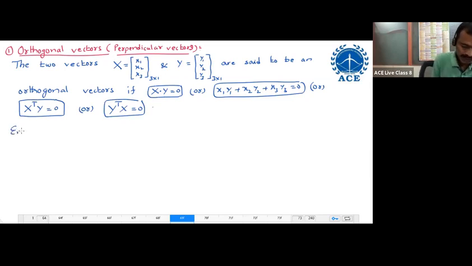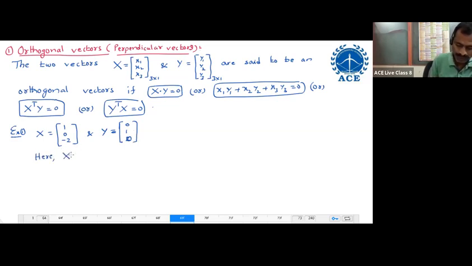Example. X equal to 1, 0, minus 2 and y equal to 0, 1, 0. Now we check whether these two are orthogonal or not.